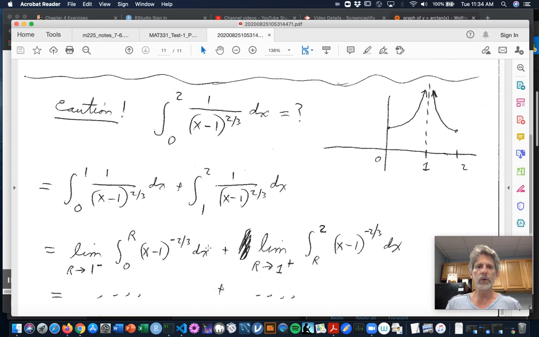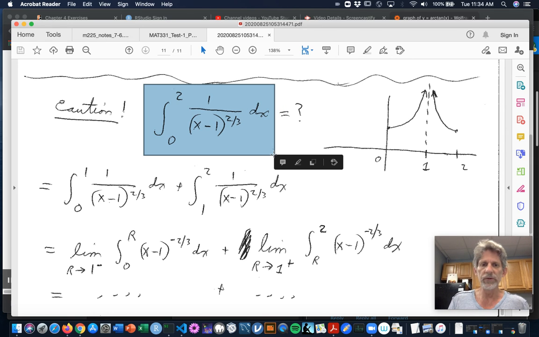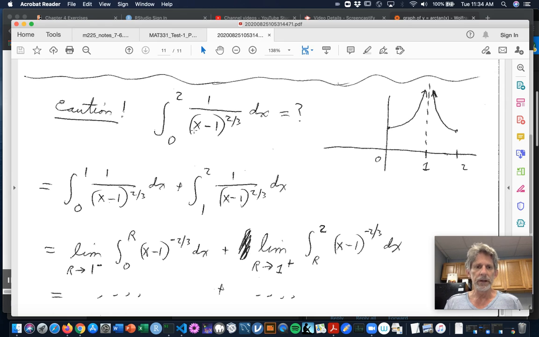I want to leave you with a little caution. Say that you're looking at this definite integral wondering how to evaluate it. And you think, you know what? I don't see any infinity here. It looks proper. And, you know, let me check for unbounded. When x is 2, this is just 1 to the 2/3, which is 1. 1 over 1 is 1.